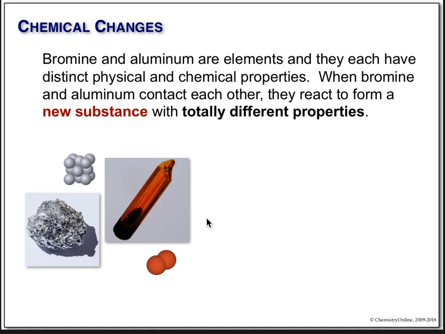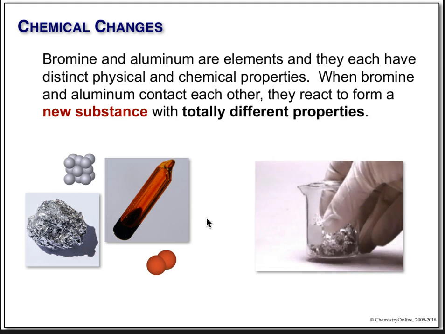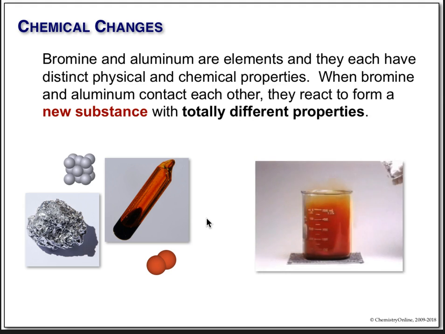If we take and we mix these two together, a chemical change occurs. Now, this is a little beaker with bromine in the bottom. It's very volatile, it's a liquid, and this is a very poisonous gas. Here we have a little bit of aluminum foil. We're going to take our foil, dump it in there.